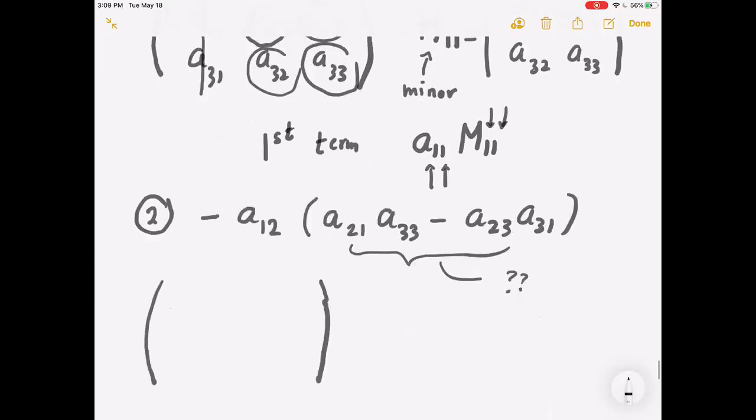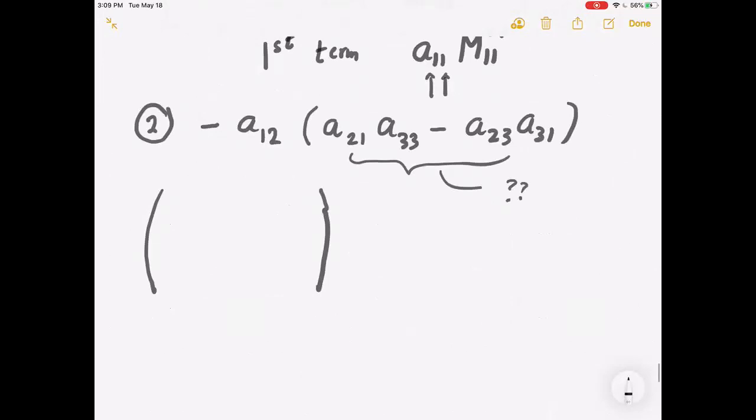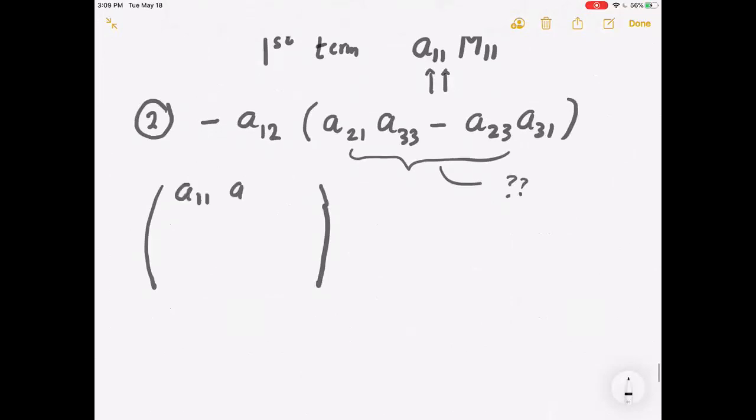But let's at least go back to the original coefficient matrix. There's the first row, there's the second row, there's the third row.